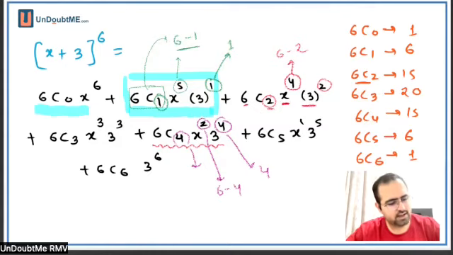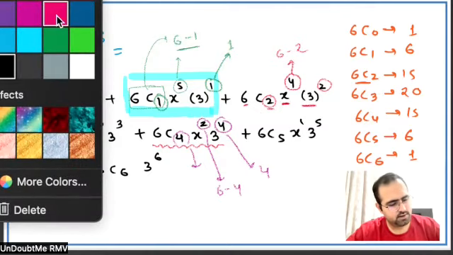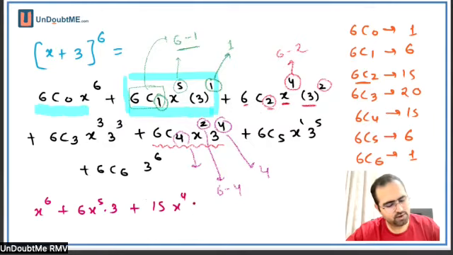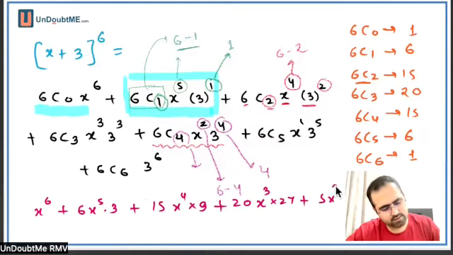So my final expansion will be x to the power 6 plus 6 x^5 times 3. I'll just write it down in the next step. 6 times 3 is 15, x to the power 4, 3 square is 9. Then I have 20, x cube, 3 cube is 27. Then 6C4 is 15, x square, 3 to the power 4 is 81.